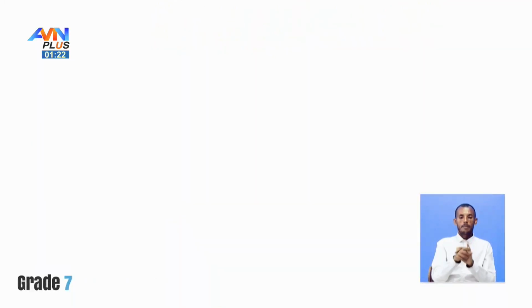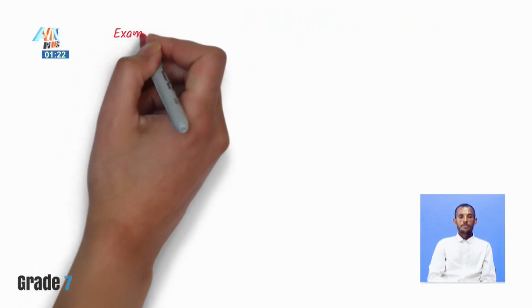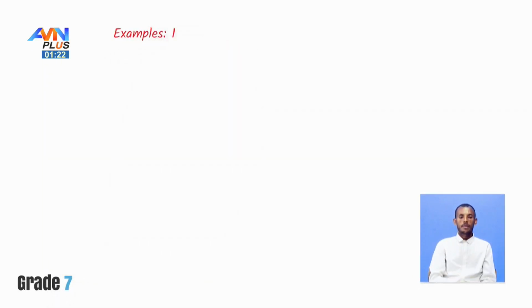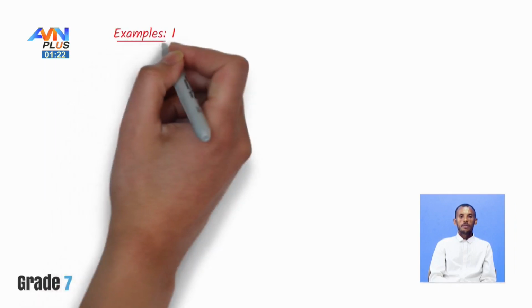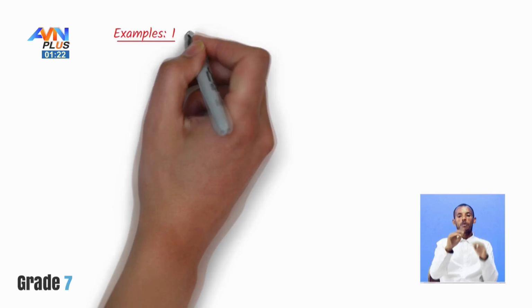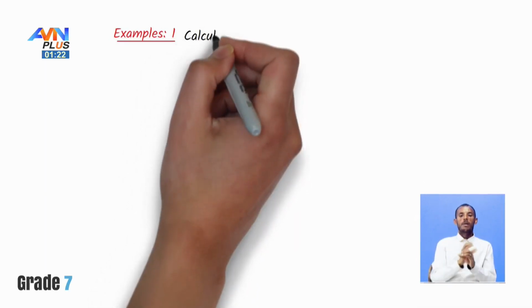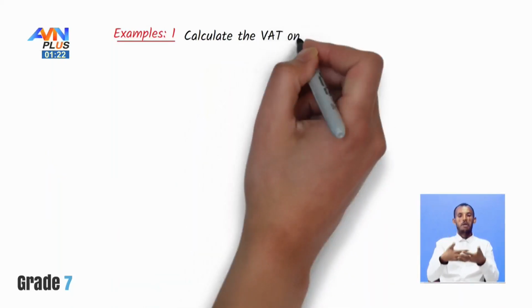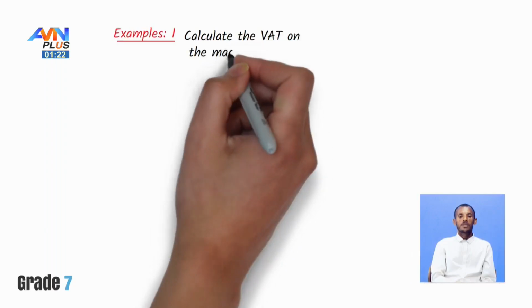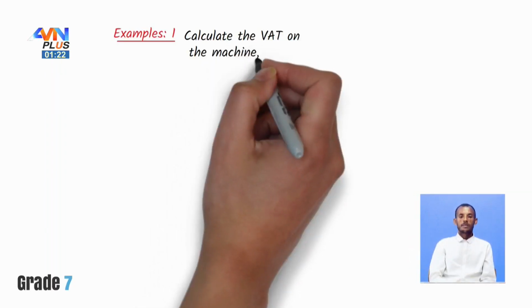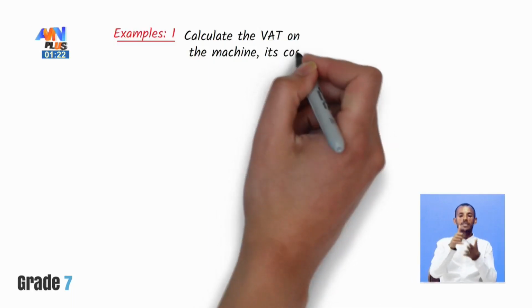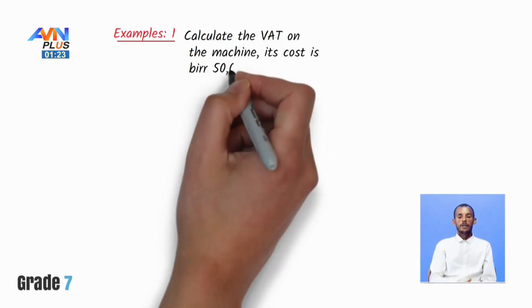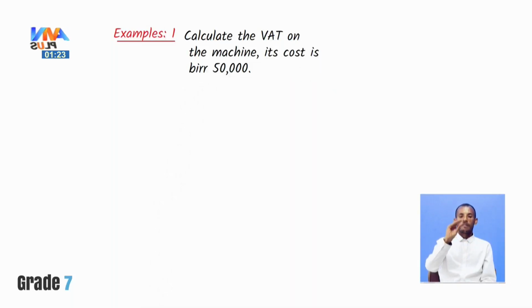Example 1. Calculate the VAT on the machine whose cost is 50,000 birr.